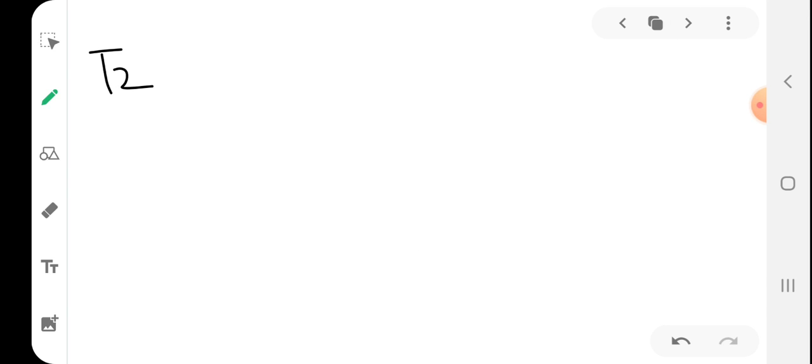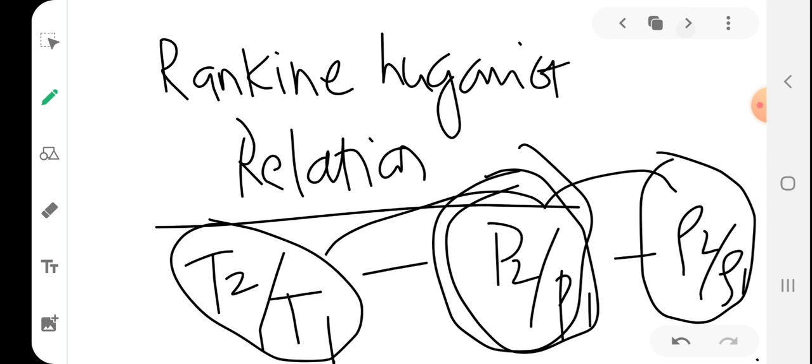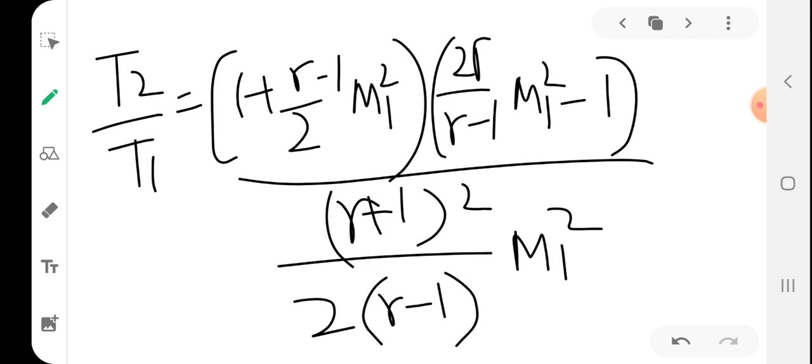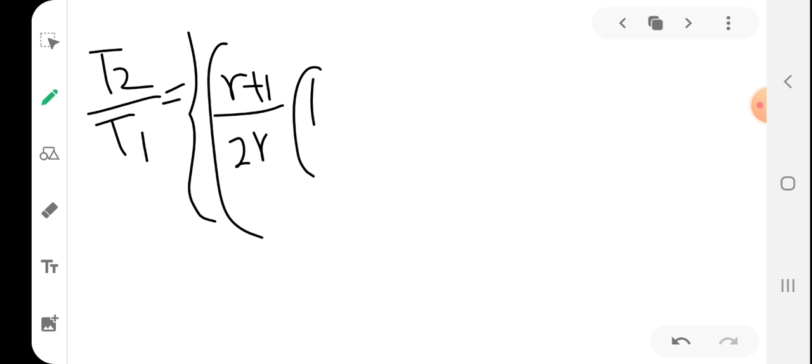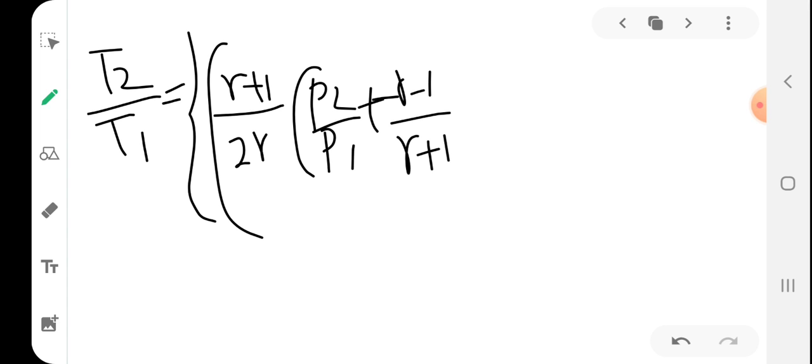So substituting T2 by T1, substituting for M1 square using this particular equation, it will be a very long equation. Gamma plus 1 by 2 gamma P2 by P1 plus gamma minus 1 by gamma plus 1, whole raised to minus 1, because that is 1 by M1 square, right?